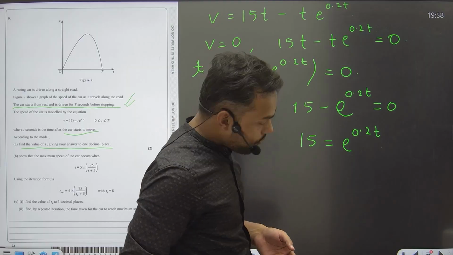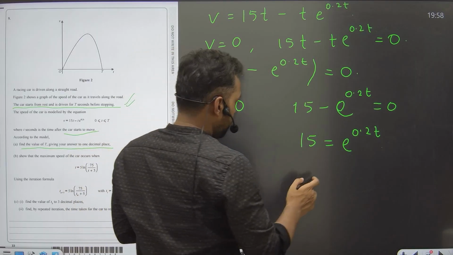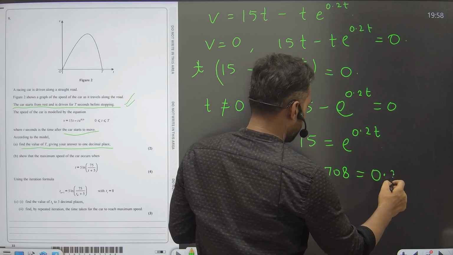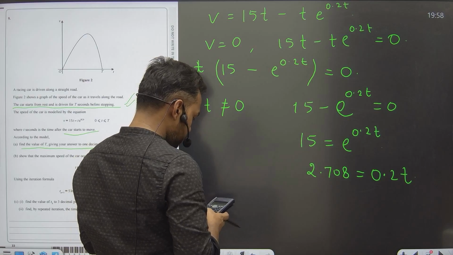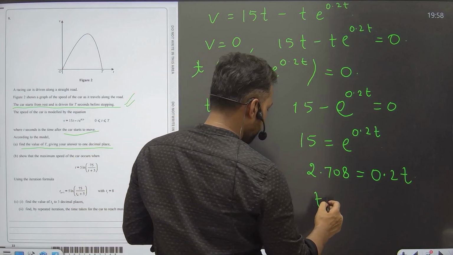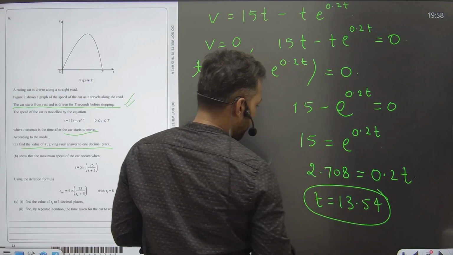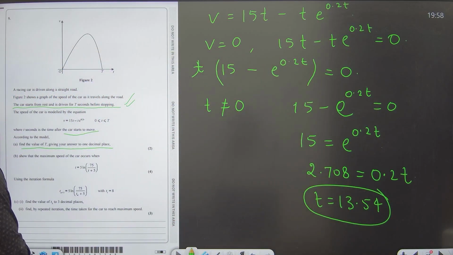Taking log on both sides, you get ln 15, that is 2.708, equals 0.2t. Divided by 0.2, t equals 13.54. This is the time, 13.54.